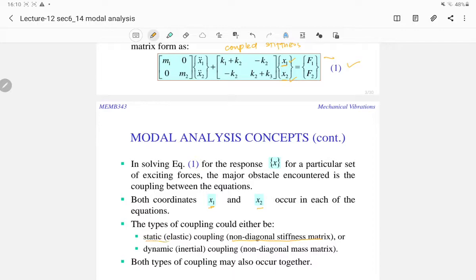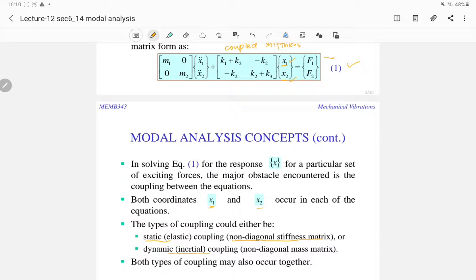In this case it is static or elastic coupling. If you have a mass matrix that is non-diagonal, then you will also have dynamic coupling, which we have seen in a previous lecture.